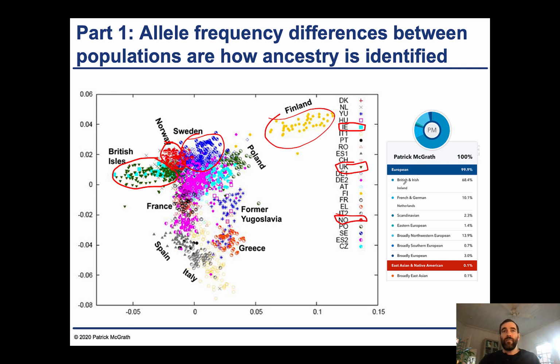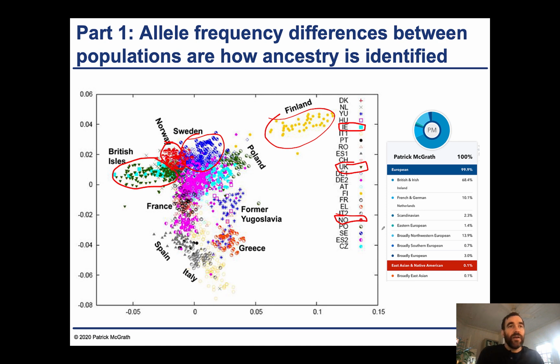So when you do 23andMe, what you're doing is trying to see how your DNA overlaps with something like this. And so this is just specific to Europe, but you could expand this to include individuals from all the countries in the world, and the idea would be the same. So you break apart your chromosome into different pieces, and then in the end you see the overlap of those chromosomes within these plots, and that's how you get ancestry information.